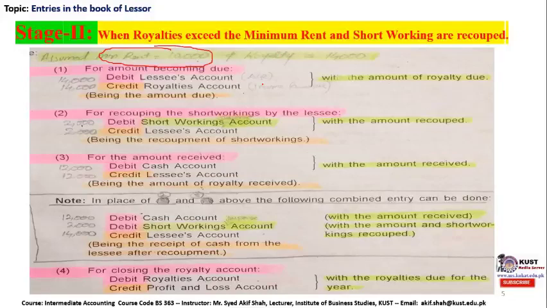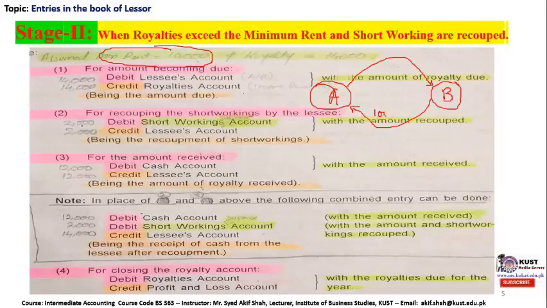In the next year, once again the deal says the minimum rent between two parties, party A and party B, is 10,000 rupees. Party A is the lessor or landlord, and party B is the lessee, who has taken the mine from party A in order to extract coal.